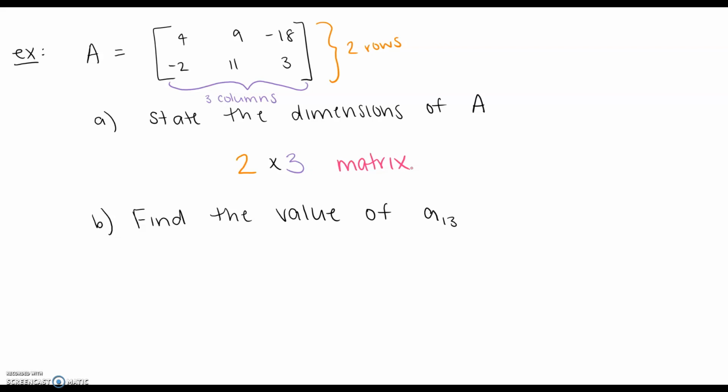Now for find the value of a 1,3: 1 is the row, so we're looking in the first row, and then 3, remember, is the column. So column 3. That means a sub 1,3 is negative 18. And that's it.